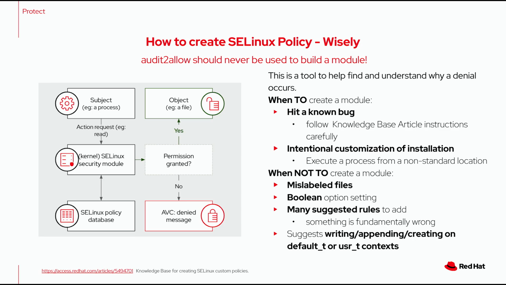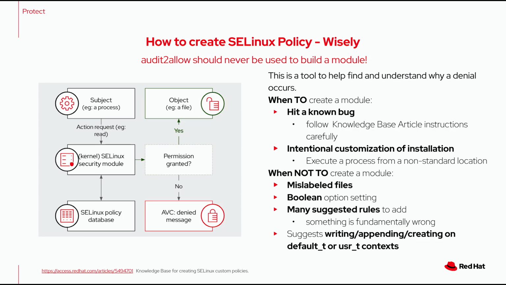If you look in your SELinux permissive mode logging, when should you not? Or if you've run audit2allow, when should you not create a SELinux module? If the files have been mislabeled, if there is a Boolean operating option setting that you can turn on, or if you have many suggested rules telling you to add policy and permission everywhere, it's probably an indicator that there's something more fundamentally wrong, and you shouldn't allow those policies.